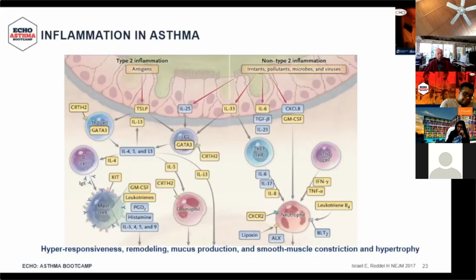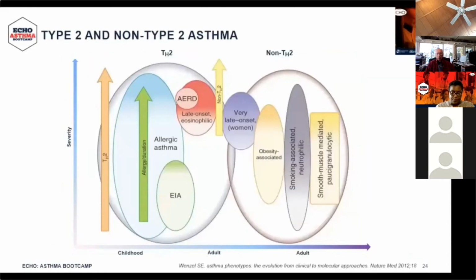Ultimately, the common pathway for both type 2 and non-type 2 inflammation triggers asthma and causes hyperresponsiveness, remodeling, a lot of mucus production, and smooth muscle hypertrophy or constriction, which is ultimately what happens in asthma to cause symptoms.